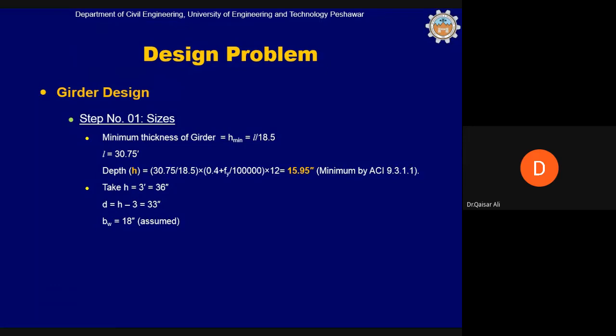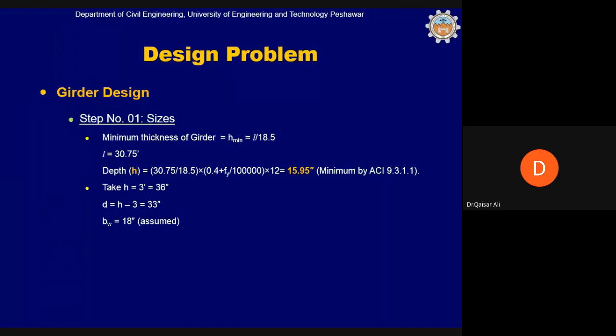However, if we make some mistake in the assumption of the depth, finally the deflections are calculated, and if the deflections are not within the permissible limits, then we increase the depth. So with one or two trials, we select the correct depth.